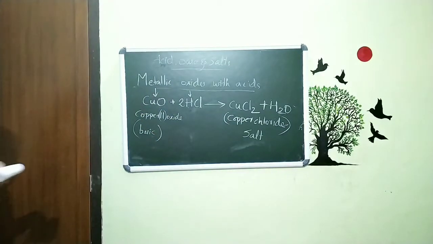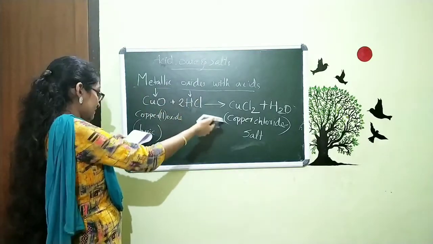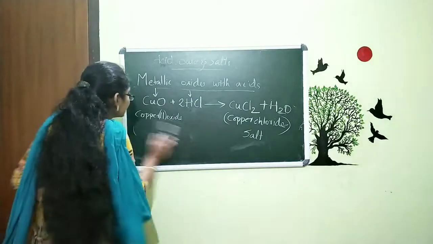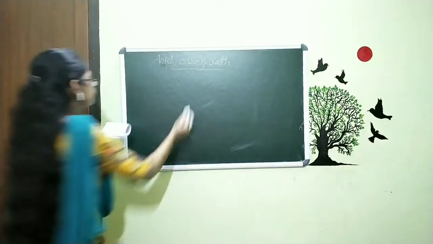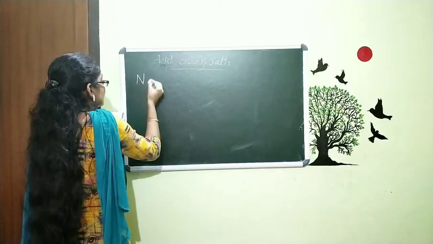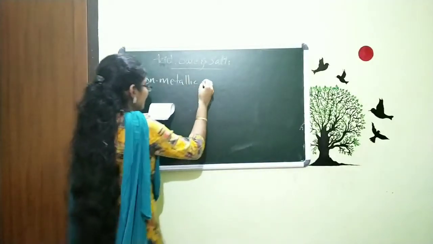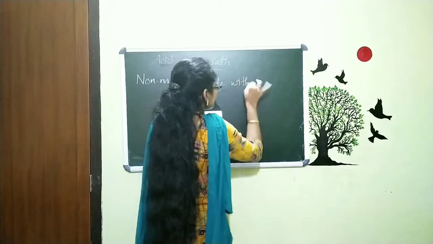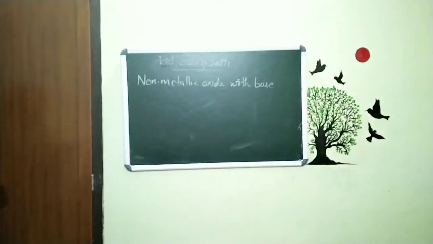This is the reaction of metal oxides with acid. Now we want to study the reaction of non-metal oxides with base. That is the next topic. Very easy, simple thing. The reaction is like this. Here we are going to study the reaction of a non-metallic oxide reacting with a base.